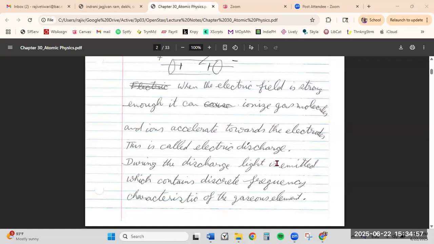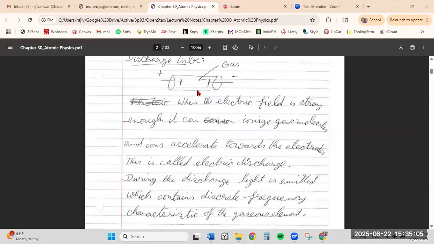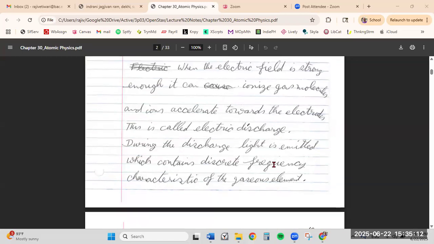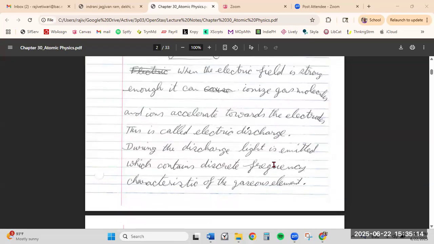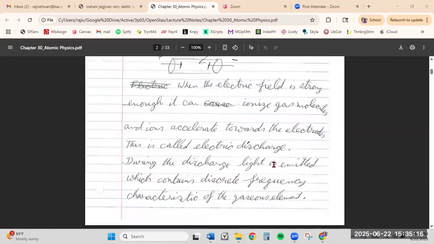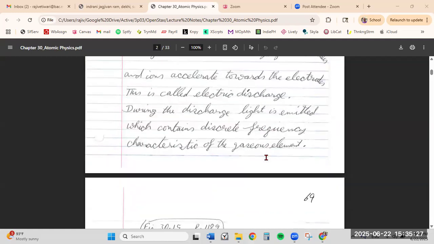The discharged light has discrete frequencies, which are characteristic of the gaseous element. Depending on what element you have in the discharge tube, you will find light of different frequencies. By looking at that spectrum, one is able to identify what gas must be in that discharge tube. So that spectrum is like a signature of a gaseous element.